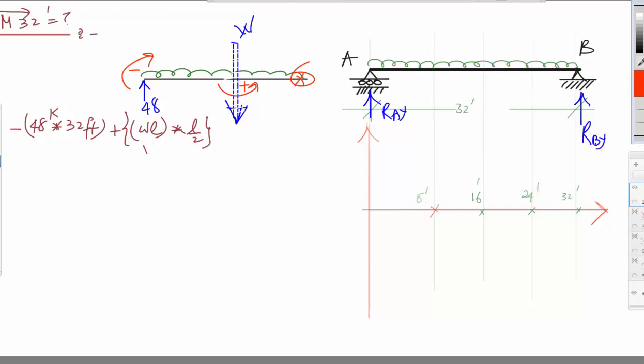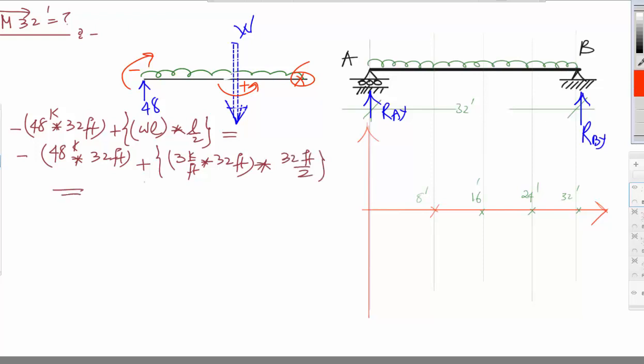And this WL is the uppercase W. So minus 48 kip by 32 feet plus we have 3 kip per foot multiplied by 32 feet multiplied by 32 feet divided by 2, and if you calculate this, this will be 0.